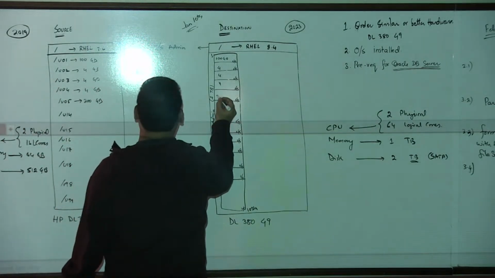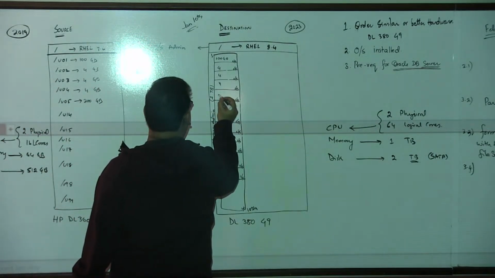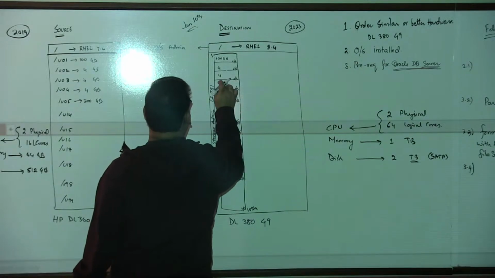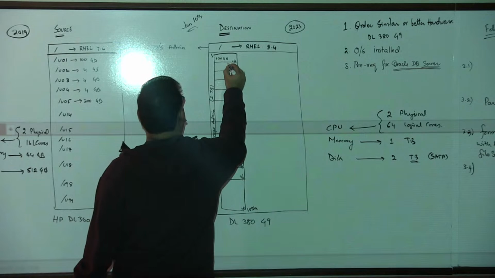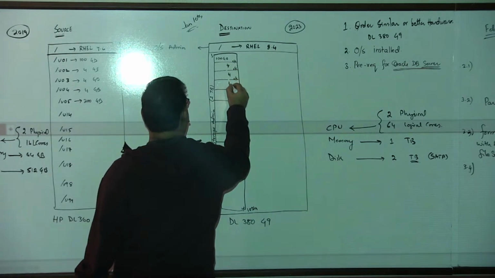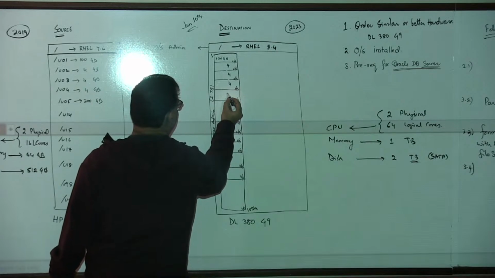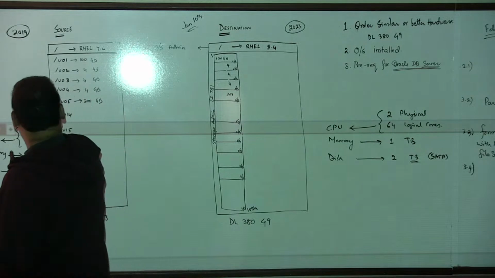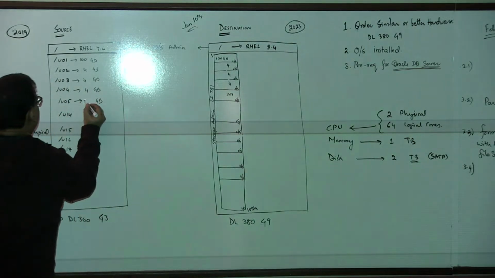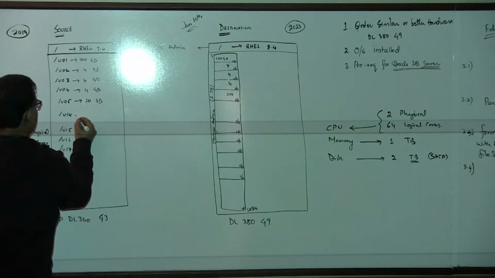Here I'm going to allocate at least 200 gigs, if not more. For U05, now we have bigger space, so I'm going to give 200 gigabyte here. Last time it was only 50 gigabyte.